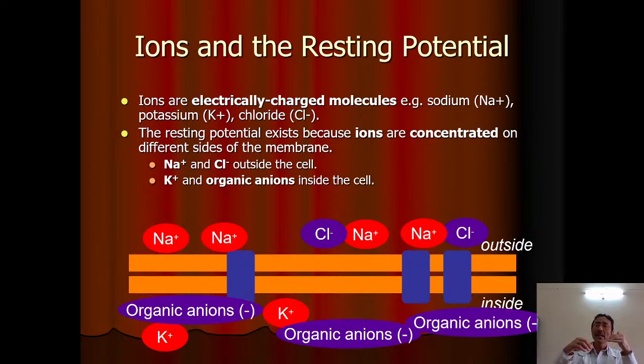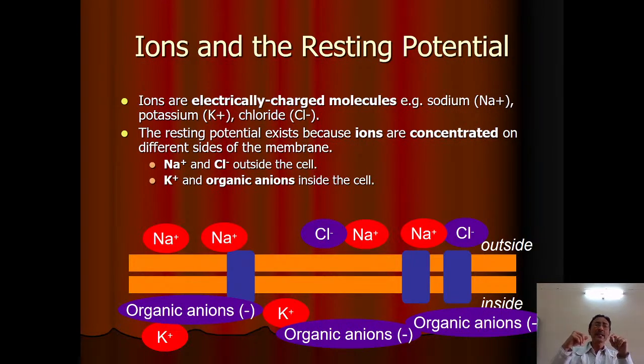Which is normally at resting condition minus 70, it becomes around minus 40, minus 30, minus 20, reaches 0, and if this diffusion of sodium ions from outside to inside is still going on, the potential becomes positive. From 0 it becomes plus 10, plus 20, maybe plus 30.